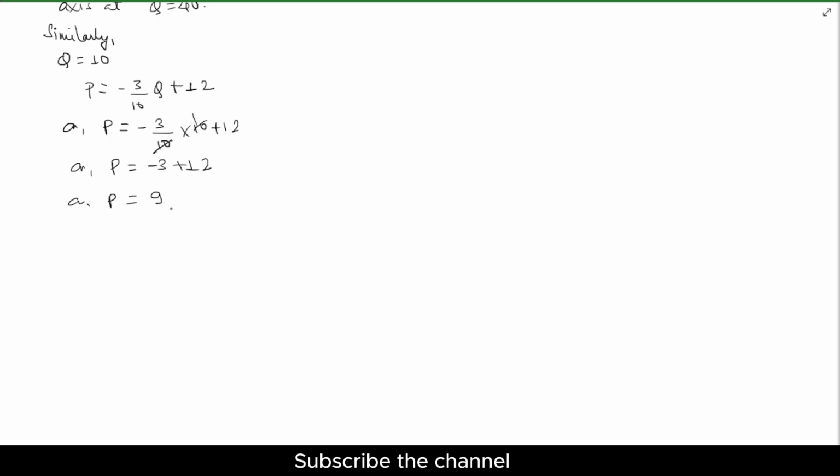The price will be 9. Therefore, when the quantity is 10, the price will be rupees 9.